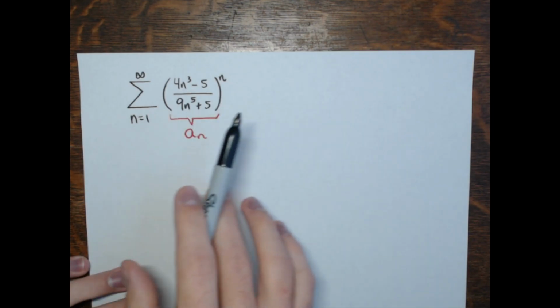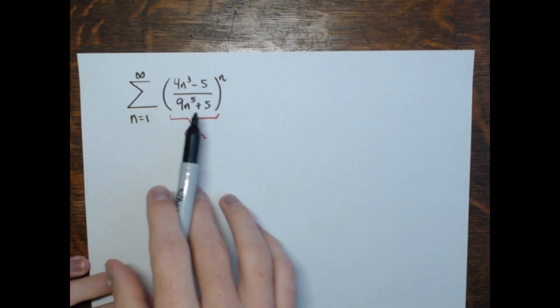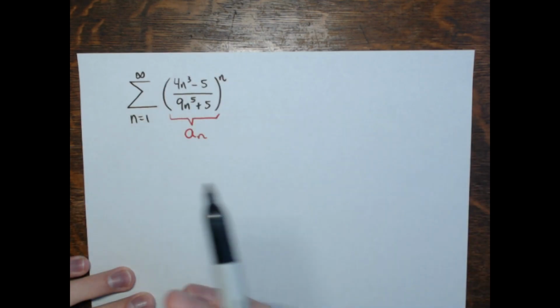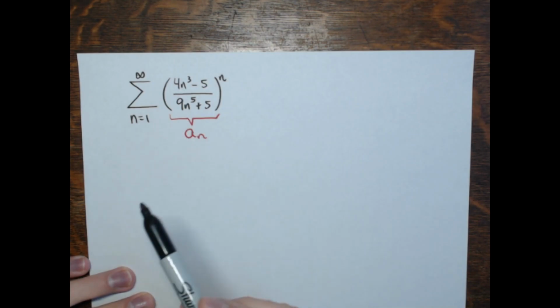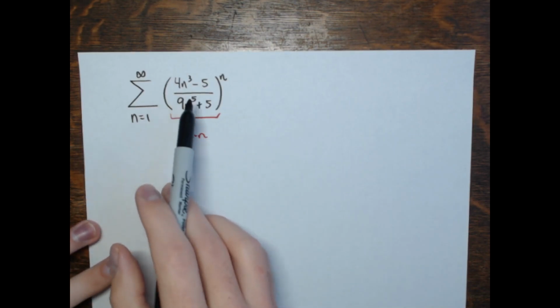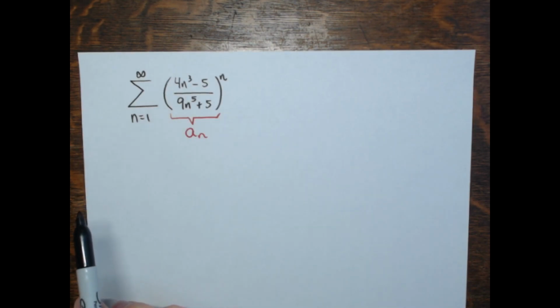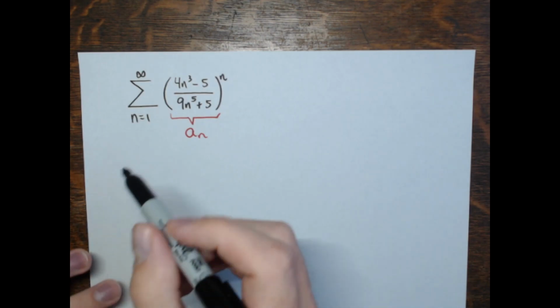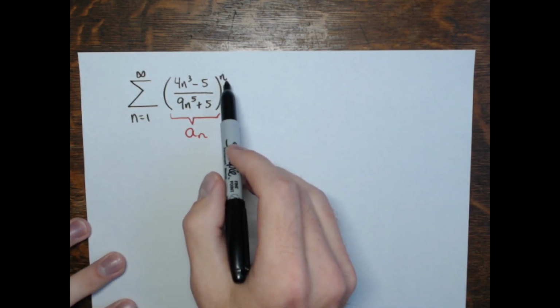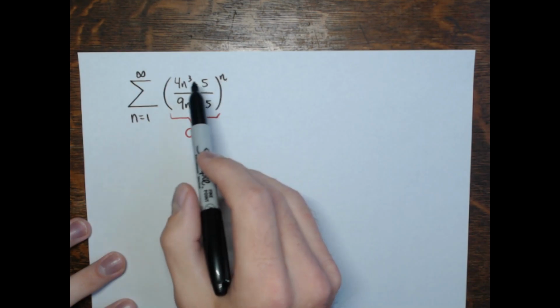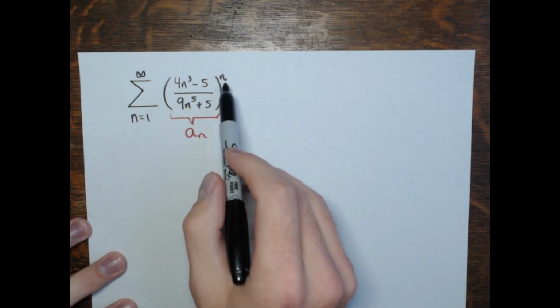But after a while, as n gets larger and larger, these will eventually all be positive. Still, we'll need the absolute value just because terms could be negative. But anyway, I see this nth power on my terms, so that indicates to me that perhaps the root test is best.